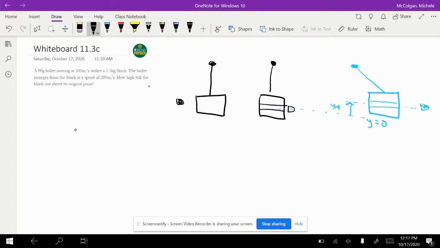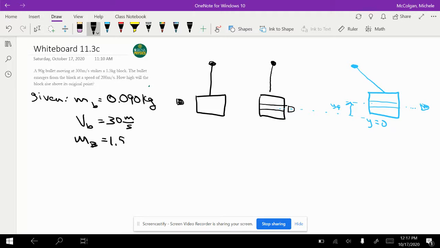Okay, so let's do our givens. Our givens are the mass of the bullet is equal to 0.090 kilograms. The velocity of the bullet is equal to 300 meters per second. And the mass of the block is equal to 1.5 kilograms. Let's just remember to write this is my momentum. This is my energy. This is before and after.